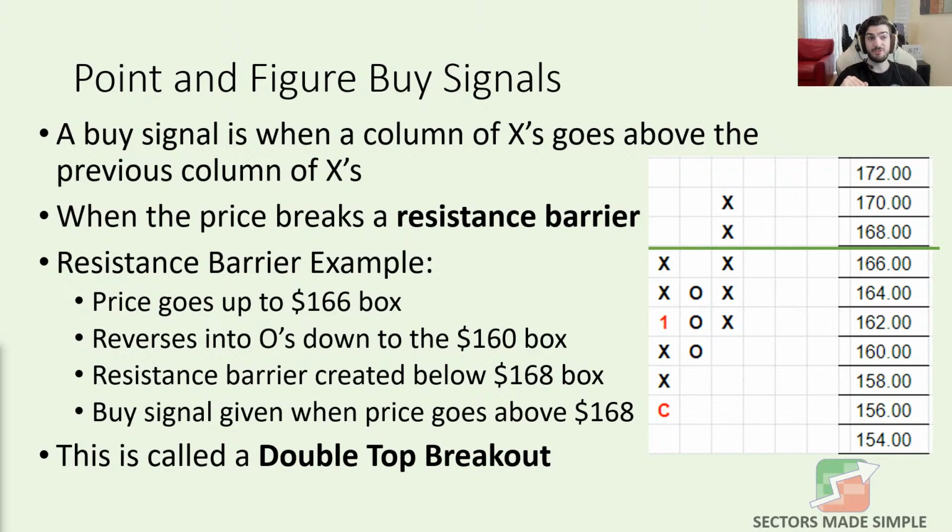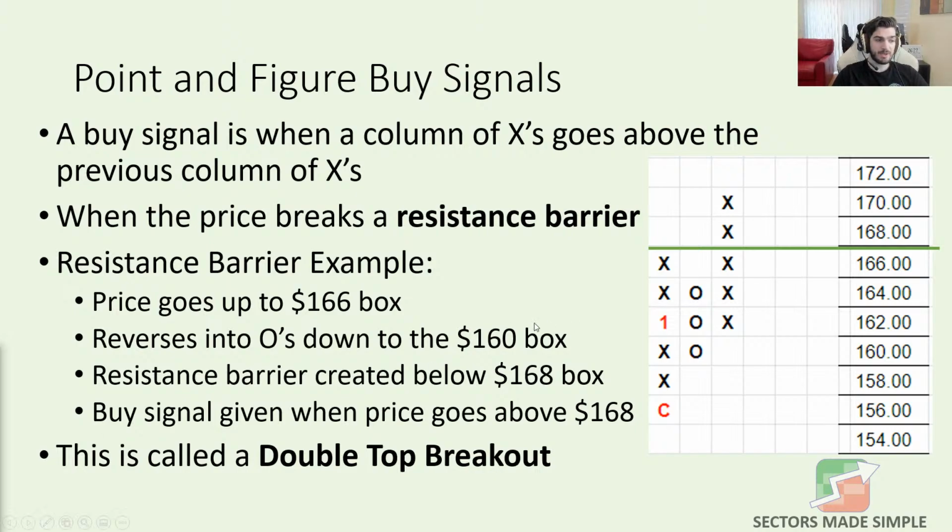If you're interested to learn more about point and figure buy and sell signals and the different signals that can be given, I highly recommend you go and take a look at our previous webinar or our past webinar where I cover these signals in detail and talk about many of the common signals that you might see.